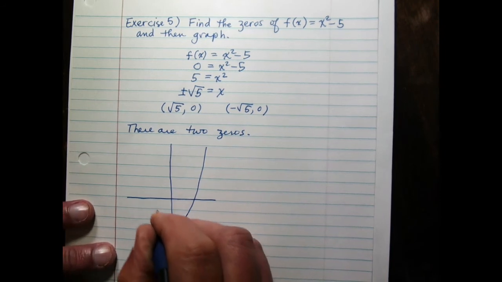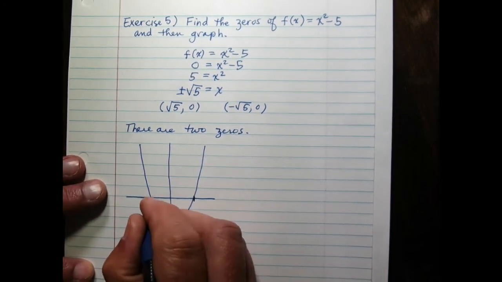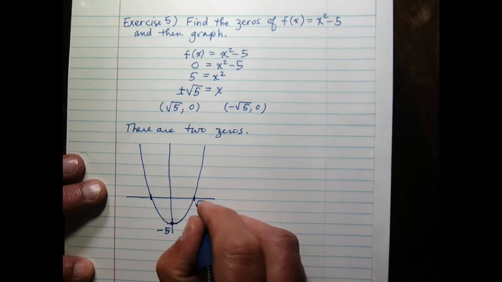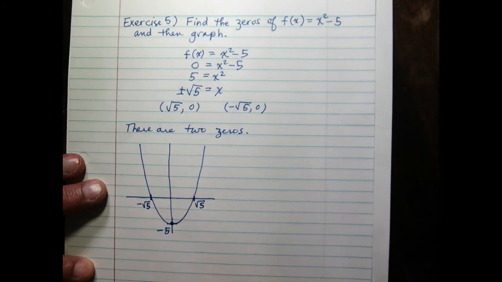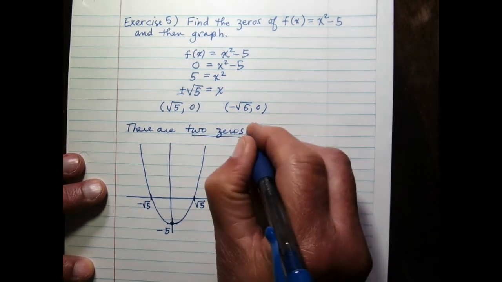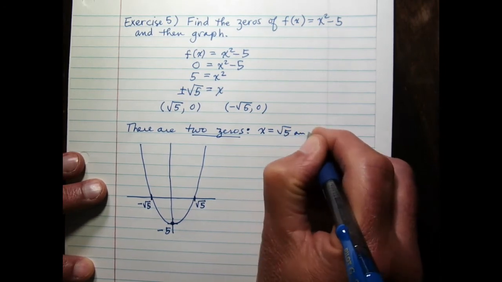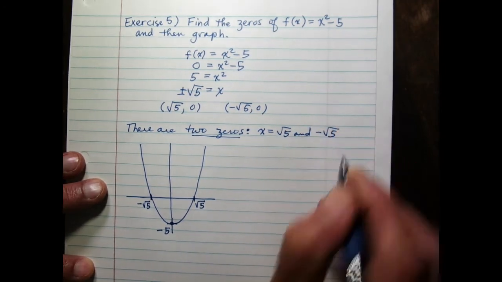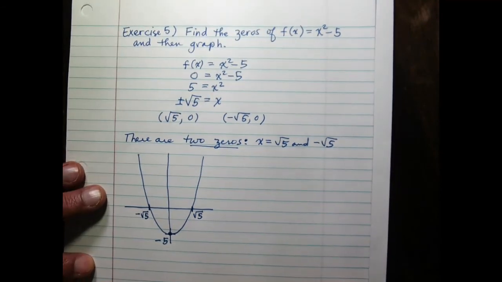And then we're going to have our nice parabola shape rising up. So these two x coordinates are square root of 5 and negative square root of 5. So there are two zeros, x equals square root of 5 and negative square root of 5. I just want to make sure everybody realizes that zeros are not always pretty.